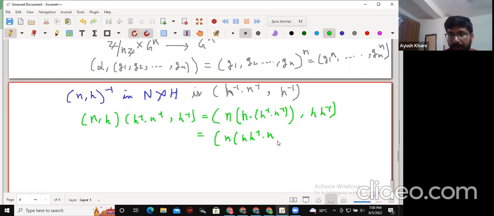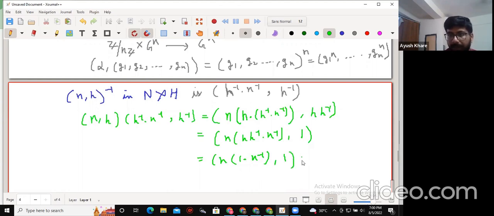By the compatibility of group action, G dot H dot X is GH dot X, right? So it's H inverse is identity, and this is N times 1 acting on N inverse, right? And 1 acting on N inverse, the first axiom of group action says identity will fix everything.